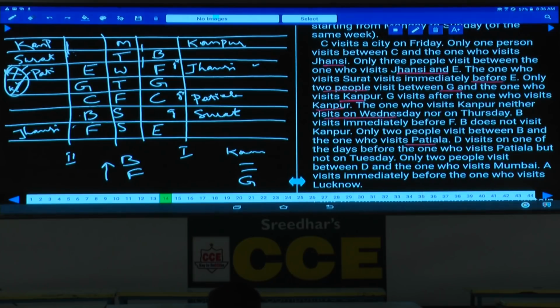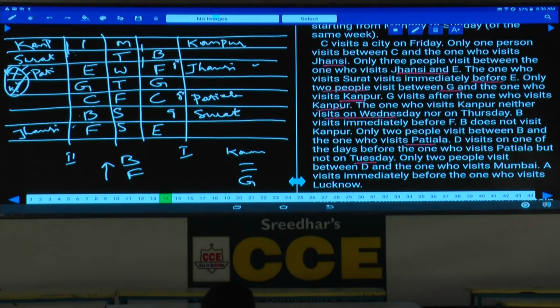Hence D is not on Tuesday. D before Patiala but not on Tuesday, D must be here. Now in this case, where should this D be? D before this Patiala but not on Tuesday, D will be here.